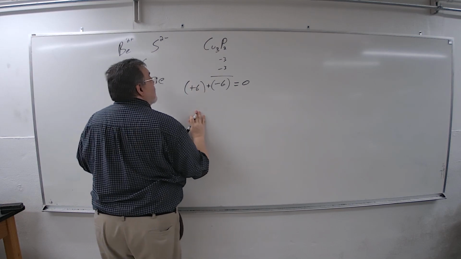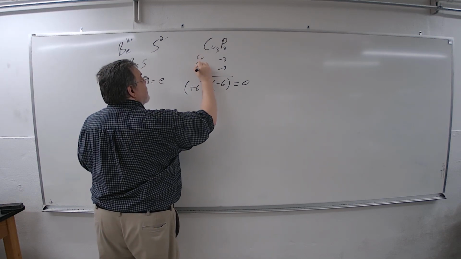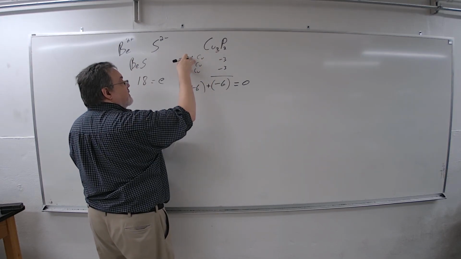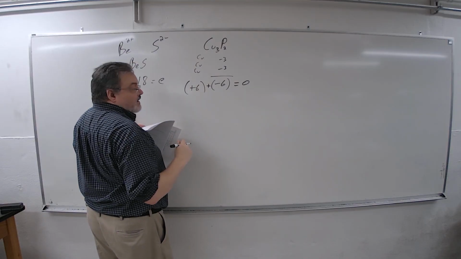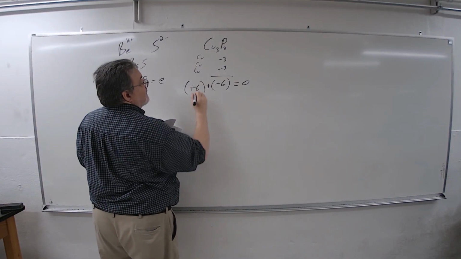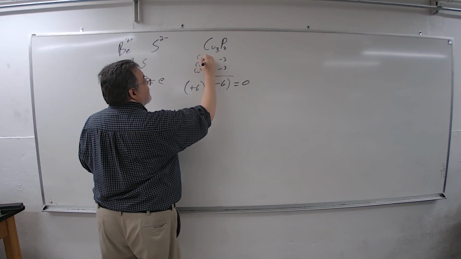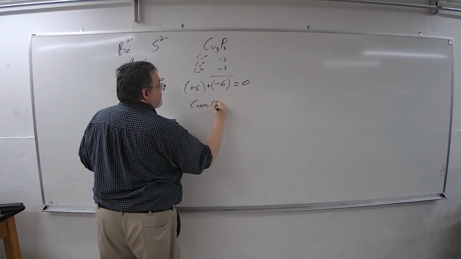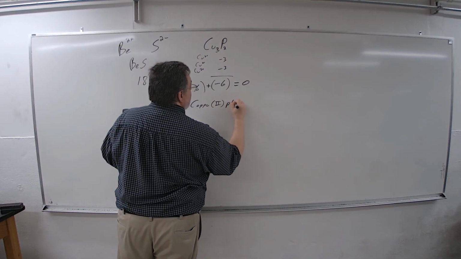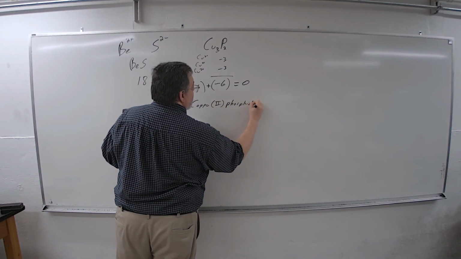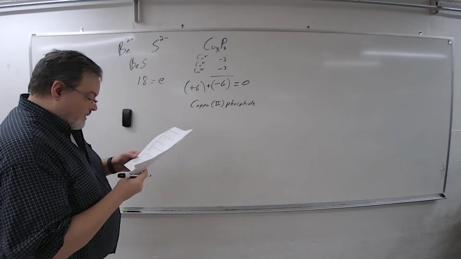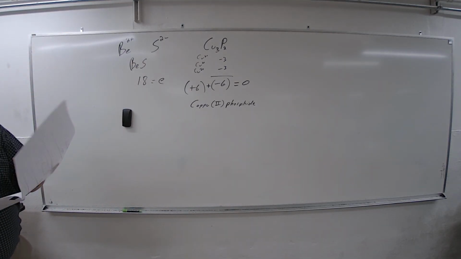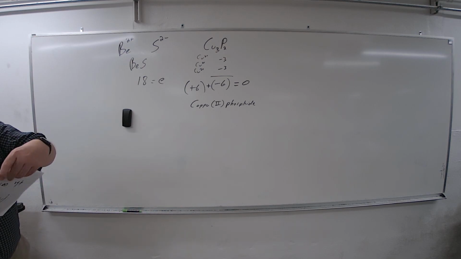So what needs to be here to make this true? All right, and we have 3 coppers. So we have to split that +6 among those 3. So what is each copper going to be? 2 plus. So the answer is copper(II). So it should be B, right?